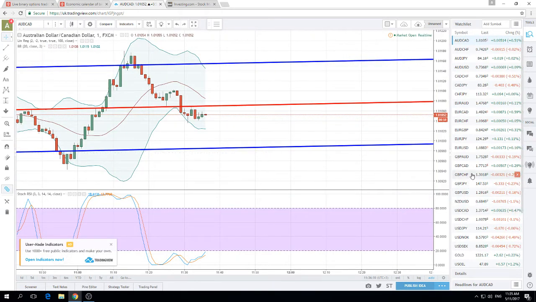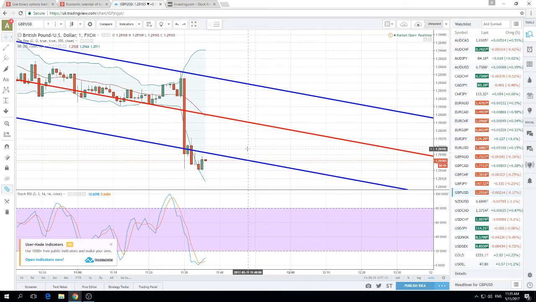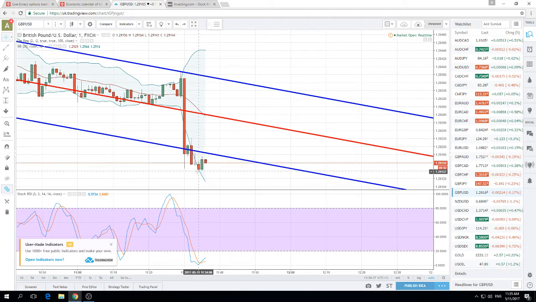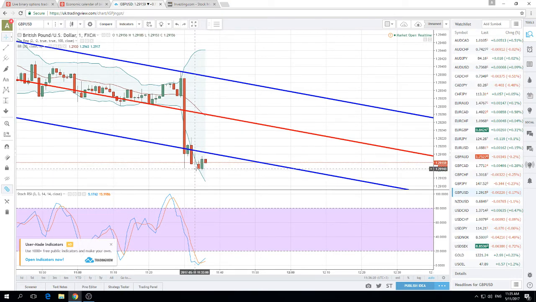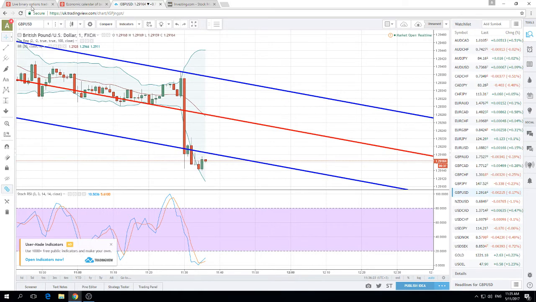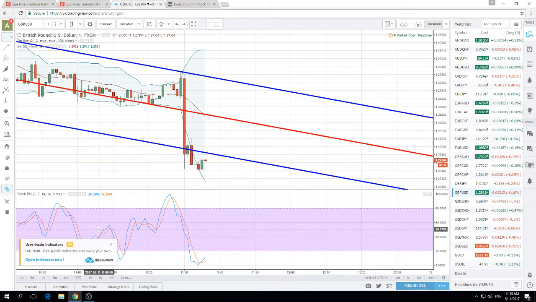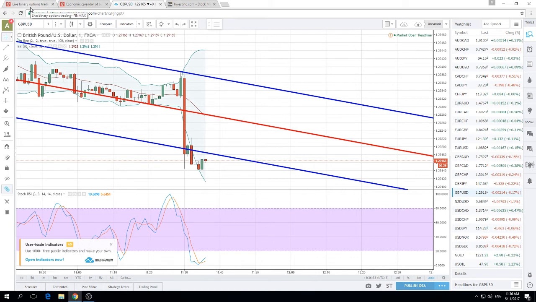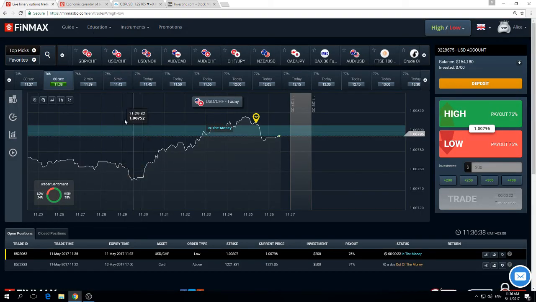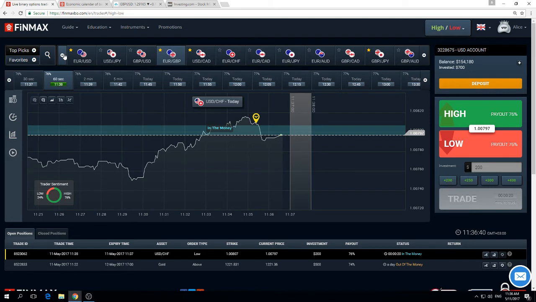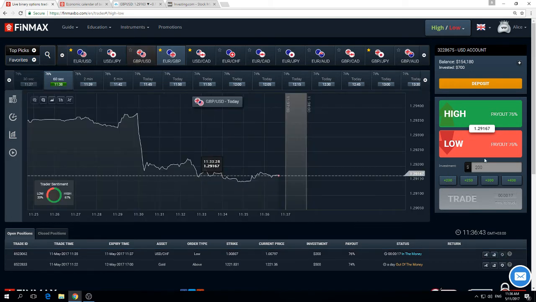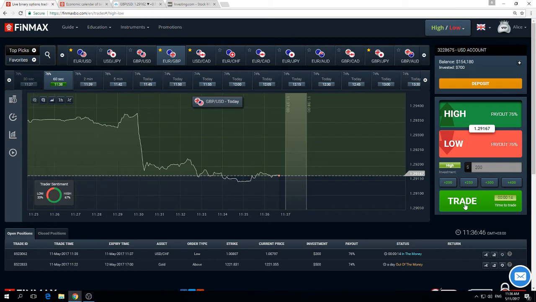Let's check the British pound, what we've got there. Well, for now I see the option to enter for 1 minute for high for this asset, like 60 seconds.